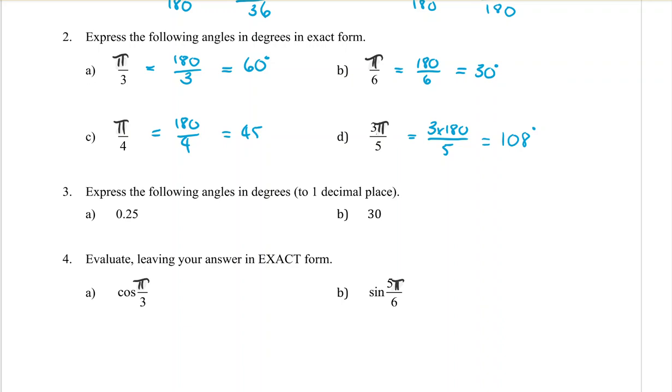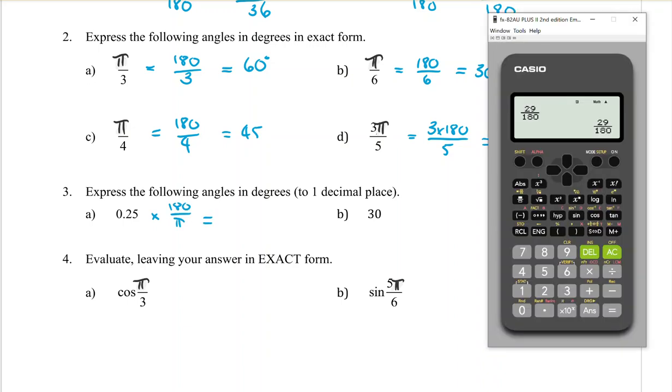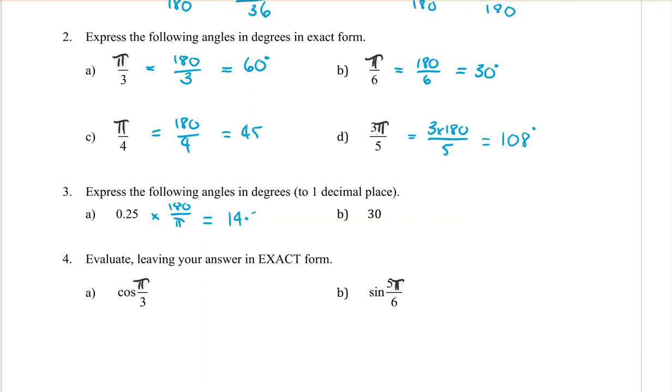So the other option is that we multiply by 180 over pi, and we type that into our calculator. So 0.25 times 180 over pi equals, to 1 decimal place, 14.3 degrees.